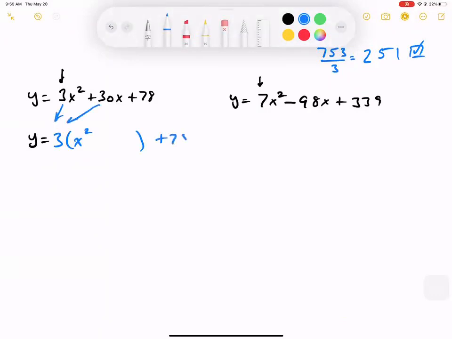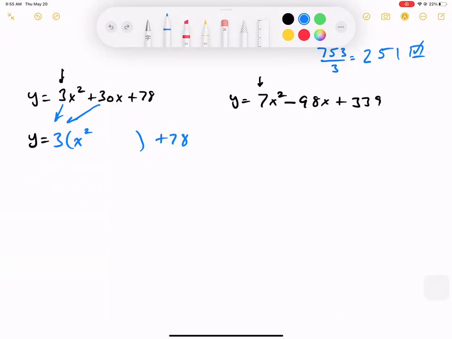The 78 is not going to be left because I can't divide it by 3 evenly anyway. And the reason I have kids not take the 3 from the last number is because I don't want to write a fraction. 99.9% of the time, you end up writing a fraction there. So trust me, leave it out so you don't have to deal with the fraction.